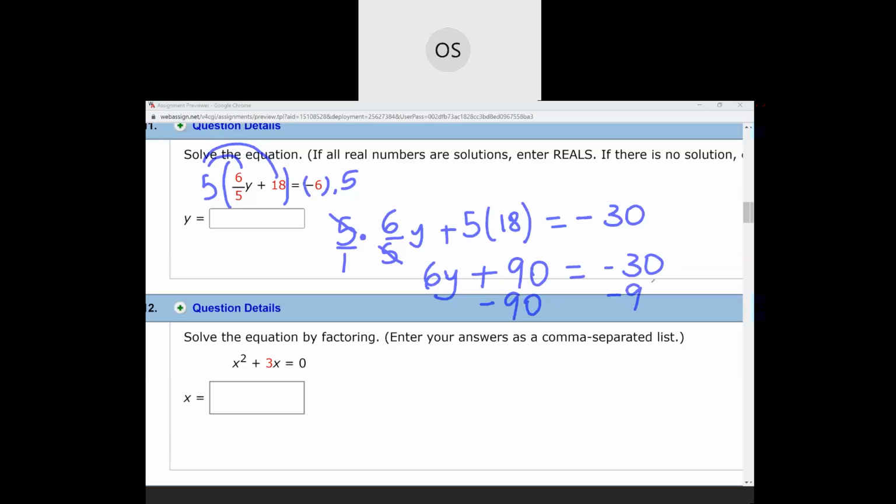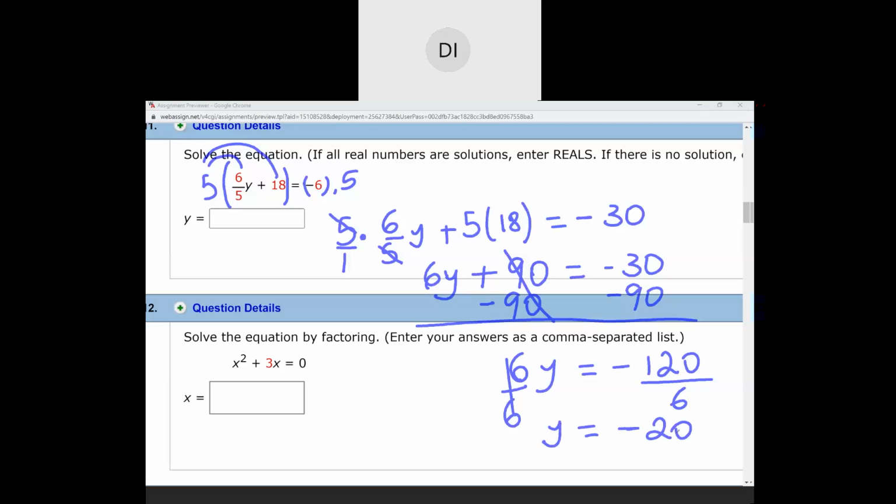Yes, subtract 90, so we get 6y equals negative 120. Then we divide both sides by 6, and y equals negative 20. That's my answer. That makes sense.